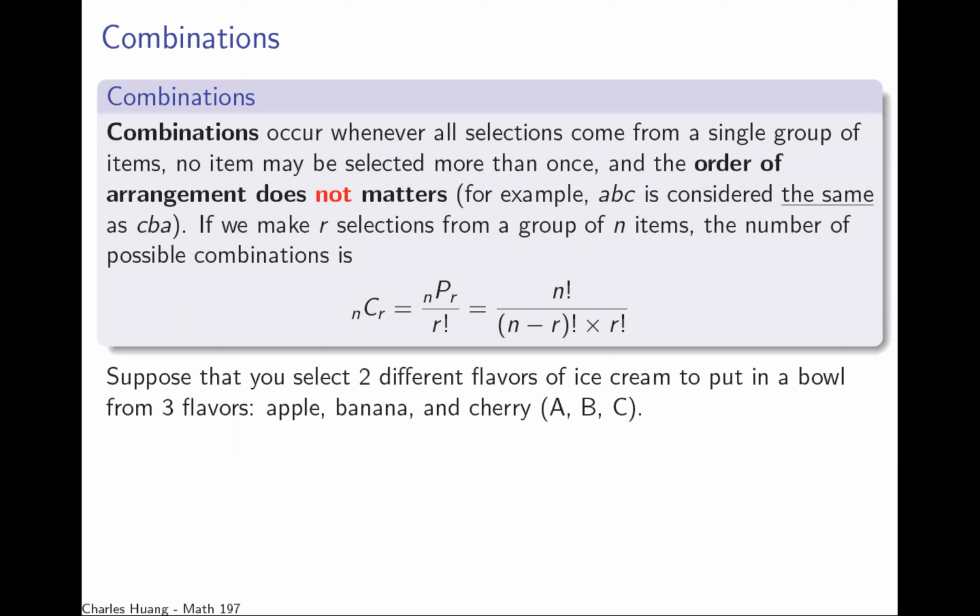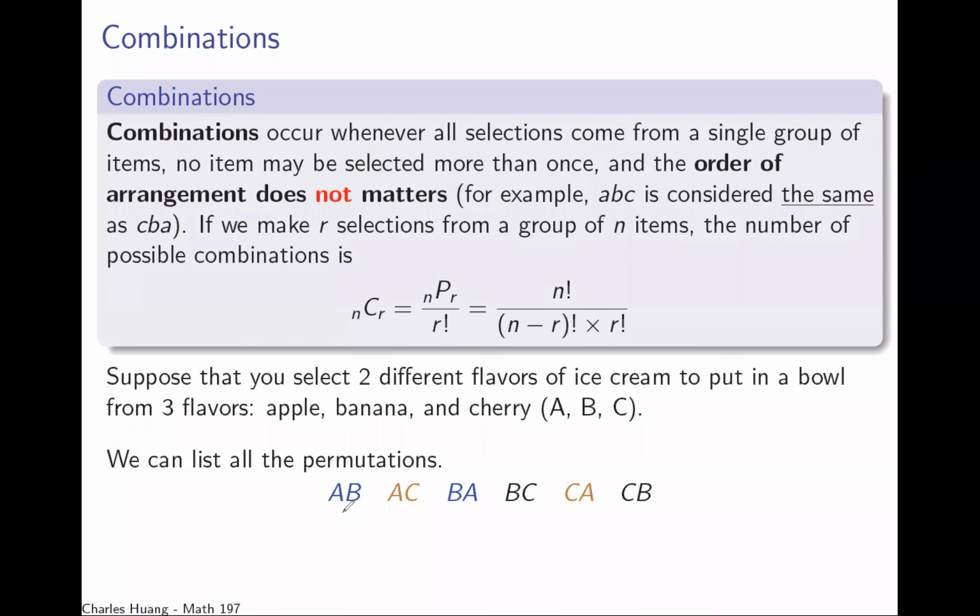Now I know these are not common flavors of ice cream, but I just wanted to pick something that's A, B, and C. And suppose you want to pick 2 different flavors. If I try to write everything out, we can have apple and banana, apple and cherry, banana and apple, banana and cherry, cherry and apple, and cherry and banana.